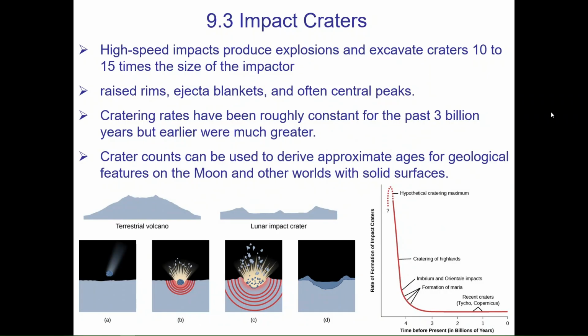As we also mentioned, crater counts can be used to derive the approximate age of geological features on the moon. So you can see the moon still maintains most of its craters. Therefore we know, at least compared to the Earth, the surface of the moon is much older.